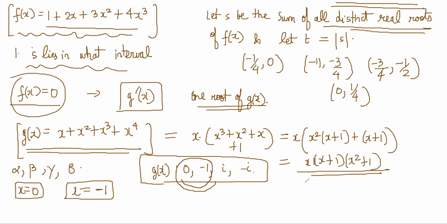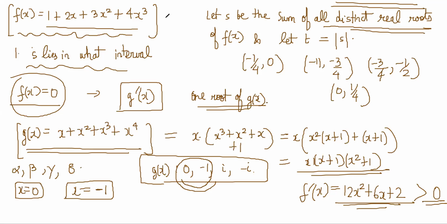And I think it will be an increasing cubic. f dash x is what? See, 12x square plus 6x plus 2, right? b square minus 4ac is less than 0 for this, no? Yeah, correct. So this quadratic is always positive, so f dash x is always greater than 0. So this cubic has only one real root, right?